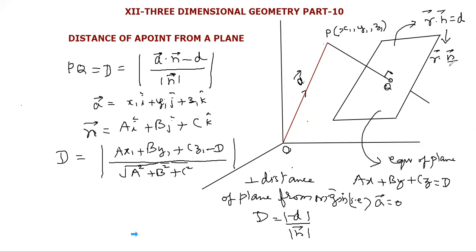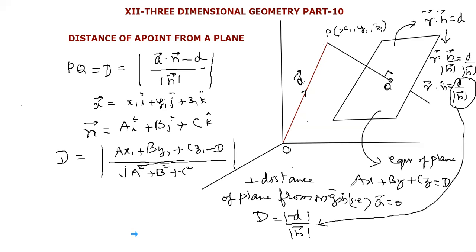I think I told you, when you divide both the sides by magnitude of n, d is also divided by the magnitude of n, then this will become r dot unit vector, and this distance will become the distance from the origin, d upon n. So this will convert into the normal form, and this distance will be the distance from the origin, which you can see is the same as this one.